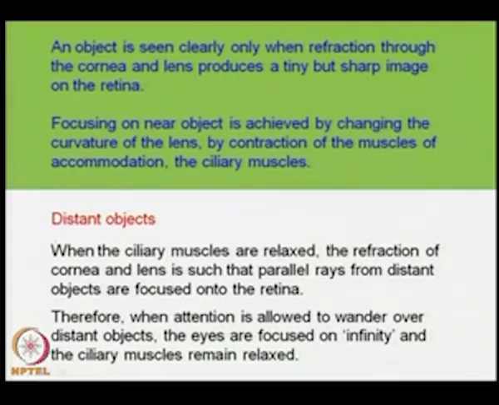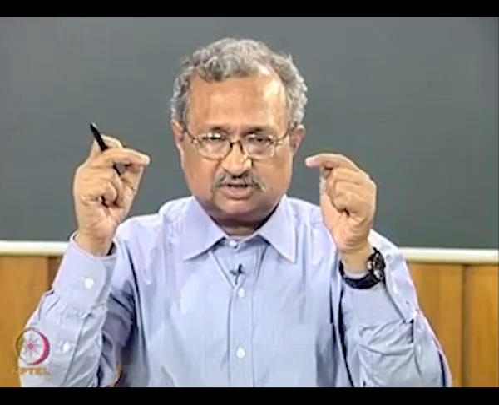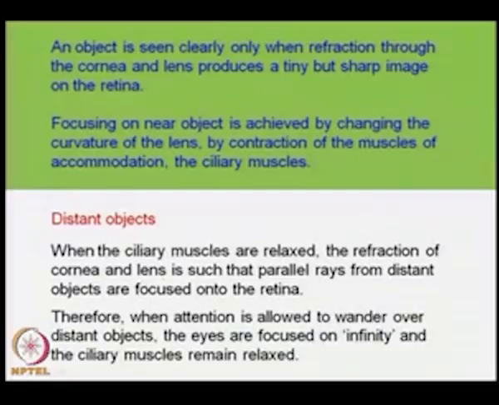Now, if we focus on a distant object, the ciliary muscles are relaxed, then the lens will be flattened. The refraction of cornea and lens is such that parallel rays from distant objects are focused onto the retina.